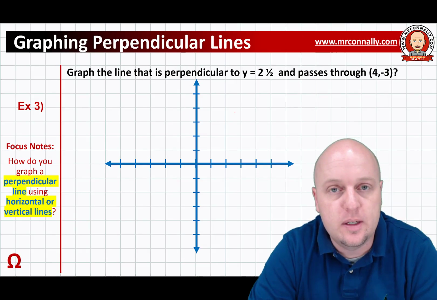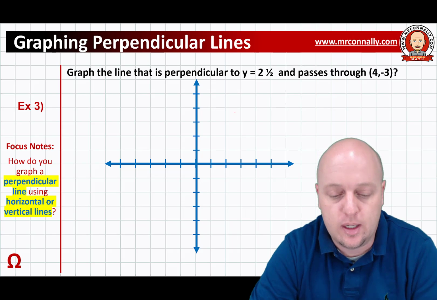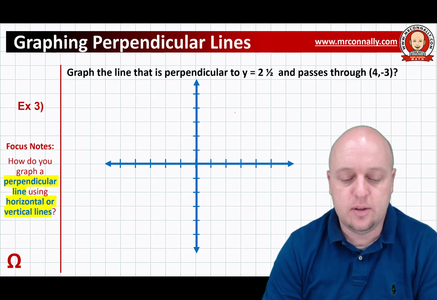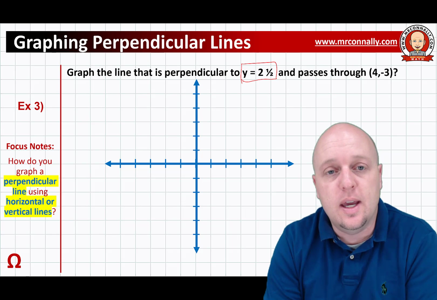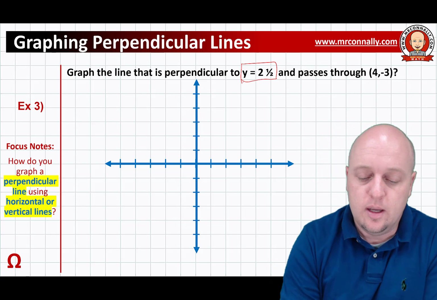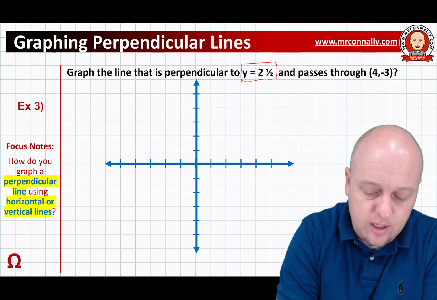Graph the line that is perpendicular to y equals 2.5 and passes through 4, -3. Okay, so we know we need to be able to graph vertical lines and horizontal lines. This is y equals 2.5. That's going to be a horizontal line. This is where all the y's equal 2.5. So let's find a y that equals 2.5. 1, 2, 2.5.